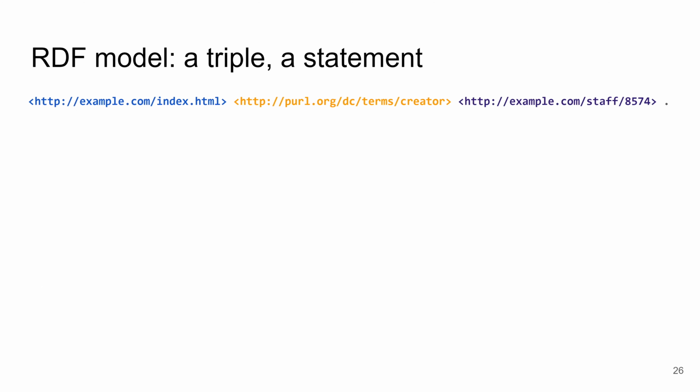So the simplest part of the RDF data model is a triple statement. We've seen that in the example, and here we have another example. It says that there is a thing which has a creator, and the creator is, let's say, an employee with ID 8574.